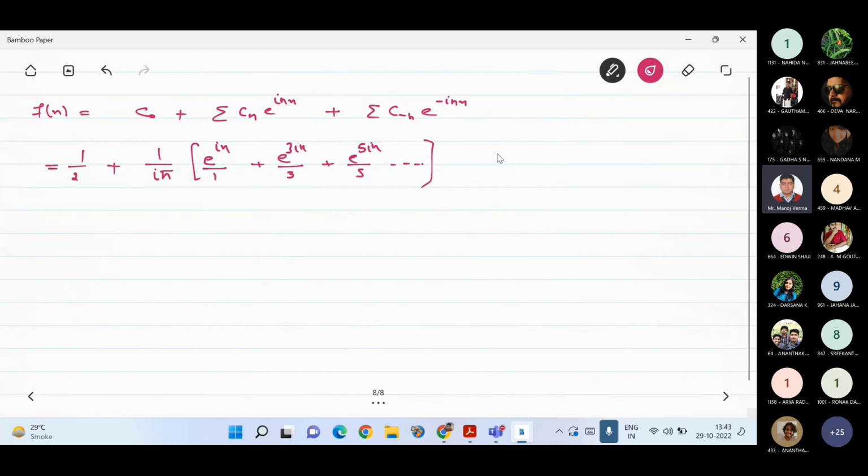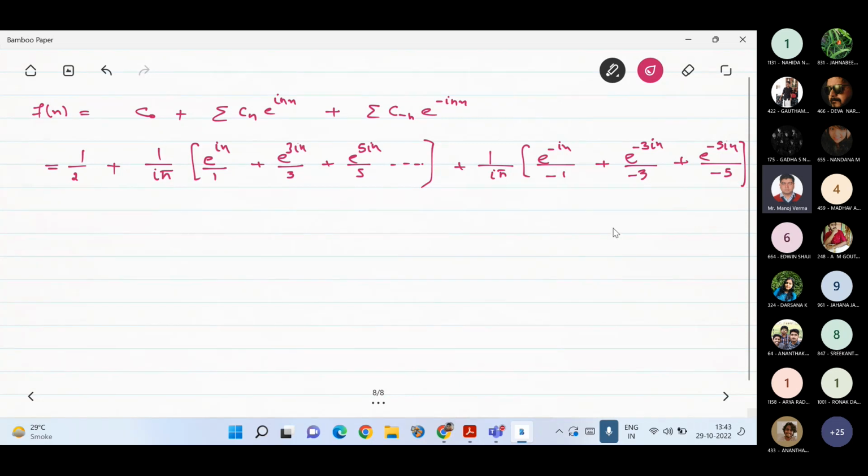It will work only for odd values. Similarly, for this C minus n, if I take this as 1 over iota pi, it will become e raised to the power minus iota x divided by minus 1 plus e raised to the power minus 3 ix divided by minus 3 plus e raised to the power minus 5 ix divided by minus 5.